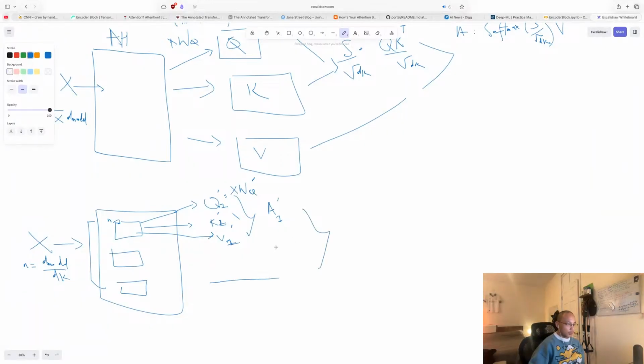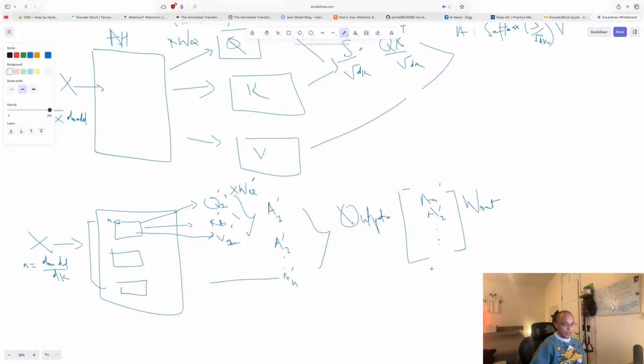And then once you have, like, attention prime 2, attention prime number of heads, then the actual output here would be the concatenation of these matrices multiplied by W out.